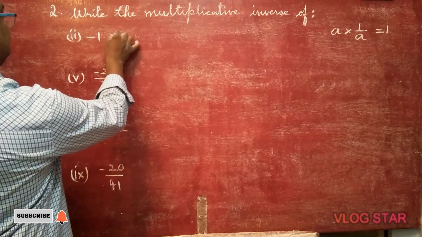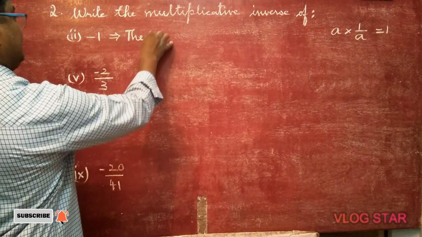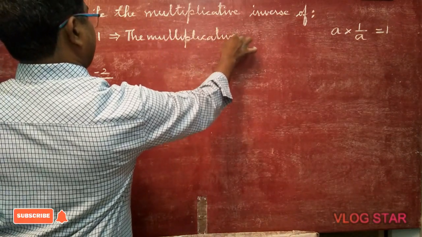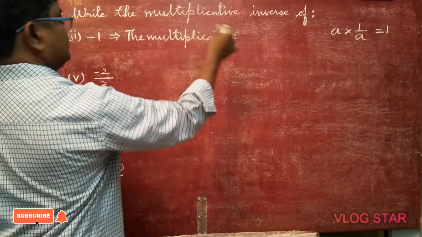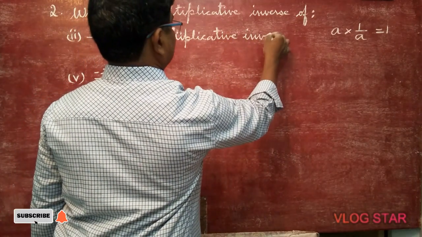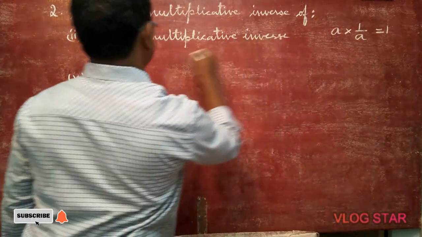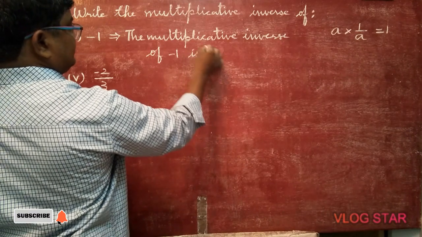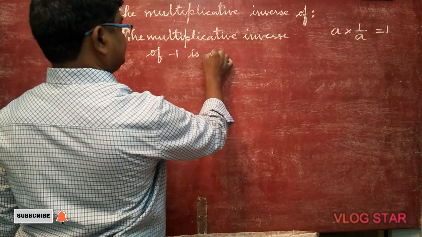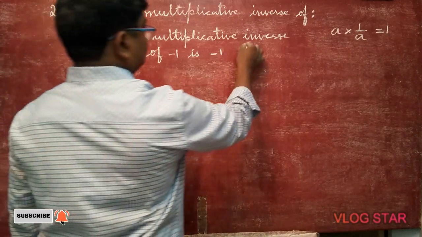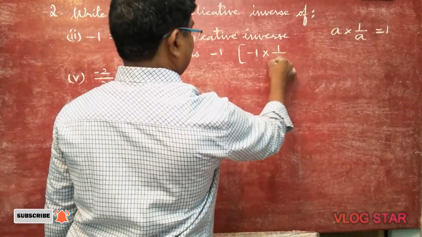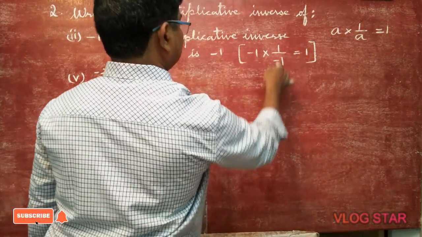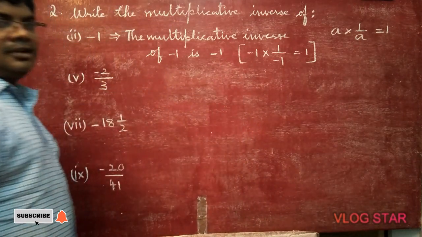So here, the multiplicative inverse of minus 1 is minus 1. How? Minus 1 into the reciprocal. Minus 1, minus 1 get cancelled. You will get 1. Because 1 by minus 1 is also minus 1 only.